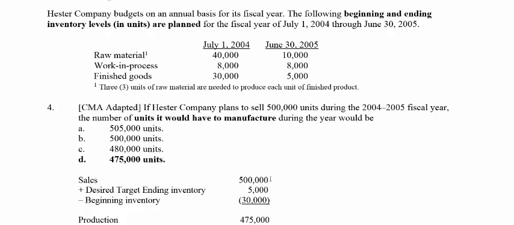So we have got to make sure that we have enough to do that. However, we don't need to forget that we would have started with some at the beginning of the year. So that's why we're going to subtract out the 30,000 finished goods units that we started the year with. Okay, so that gives us a result of 475,000.